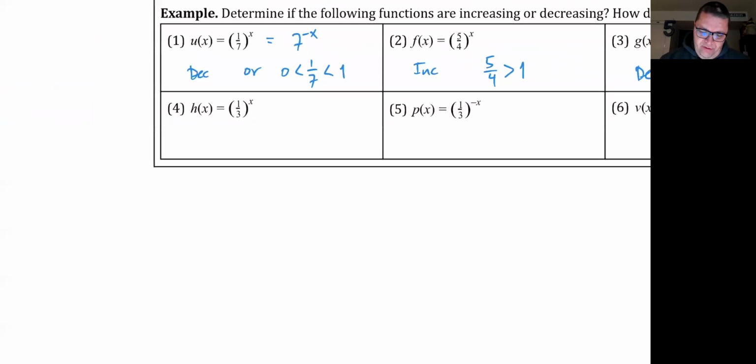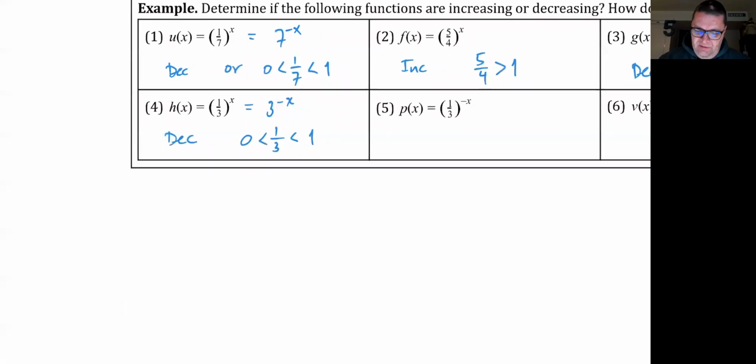Then we have 1/3 to the x, which very much like problem number 1 could be written as 3 to the negative x. So this is decreasing, and that is because 1/3 is the base and it's between 0 and 1.